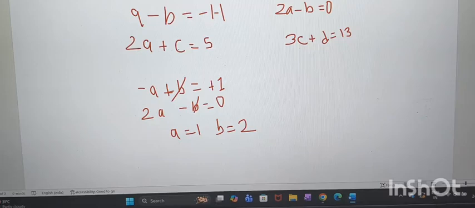So 2 plus c equals 5. What will c be? 5 minus 2, and c will be 3. Then here you can put that value so that you get 9 plus d will be 13. Then d value will be 13 minus 9, that will be 4. So in this way we can find all the values.